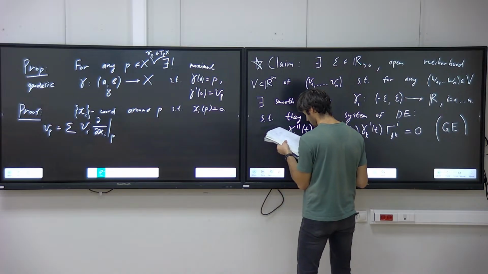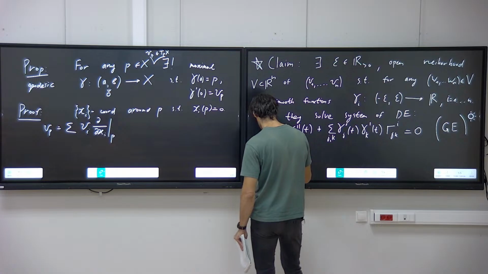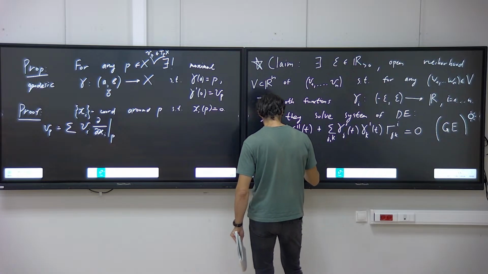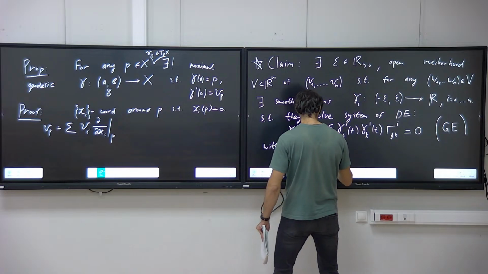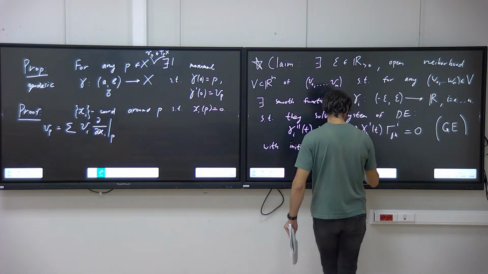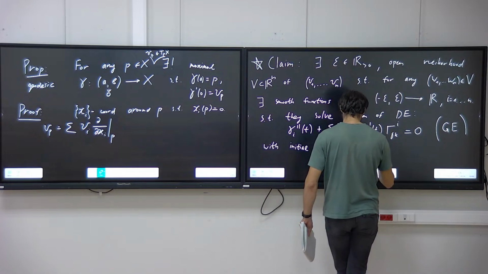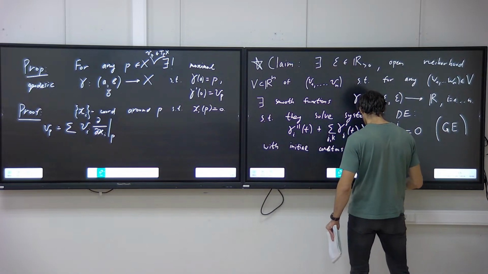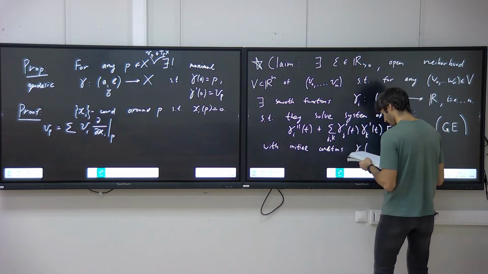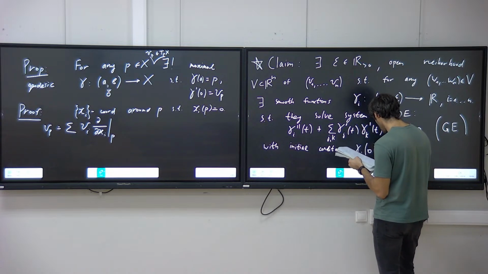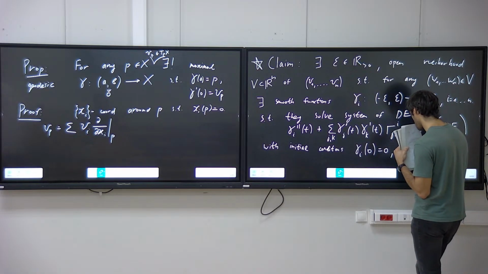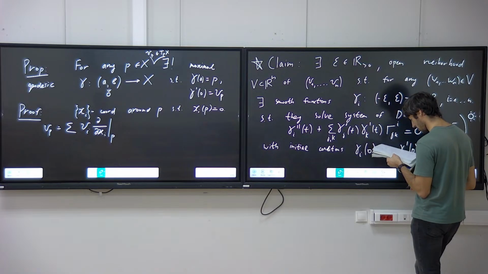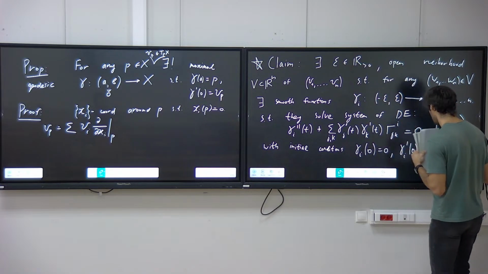I'm saying that with initial conditions gamma^i of 0 is 0, and gamma^i prime at 0 is W^i.